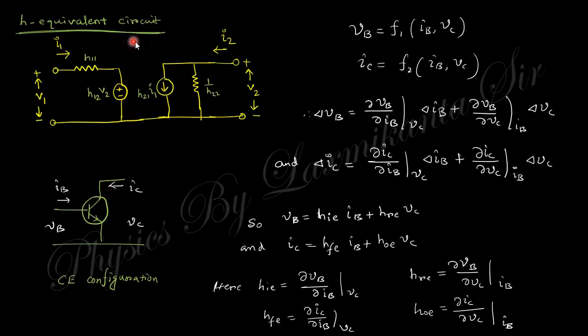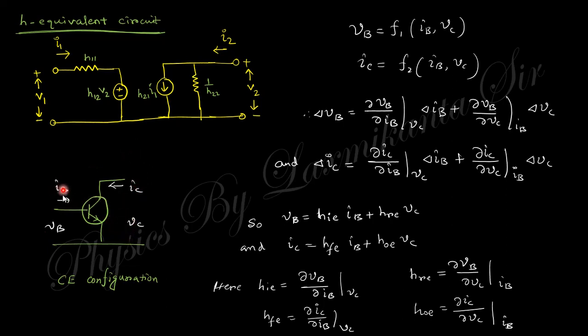So the equivalent circuit of hybrid parameter, you know, H11 is the impedance, H12 is the reverse voltage gain, H21 is the forward current gain, H22 is the admittance. If you take the common emitter circuit, VB, the voltage of the base, will be the input voltage, the base current is the input current, the collector current is the output current, and the collector voltage is the output voltage.